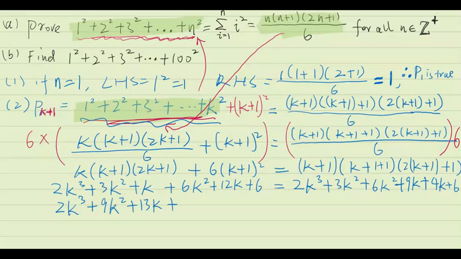Now let's see the right-hand side. It's equal to 2k cubed plus these two is 9k squared, plus 13k, plus 6. Now we can see both sides, left-hand side and right-hand side, are equal.